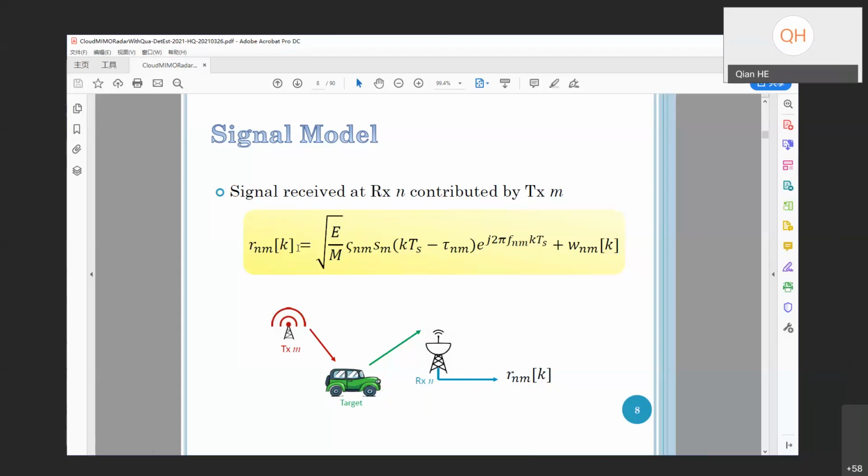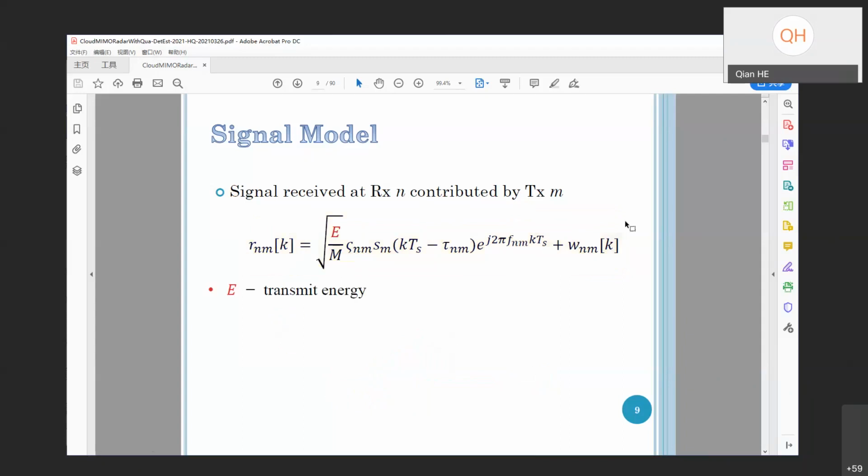The received signal at the n-th receiver contributed by the m-th transmitter at time instant k. Suppose you want to sample the received data, so you have a discrete time version. The signal looks like this. In this signal model, you have capital E, meaning the transmit energy.